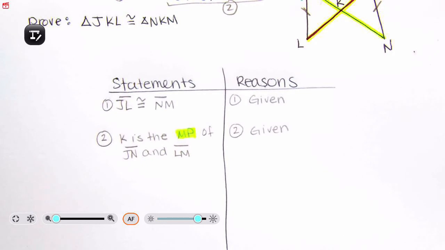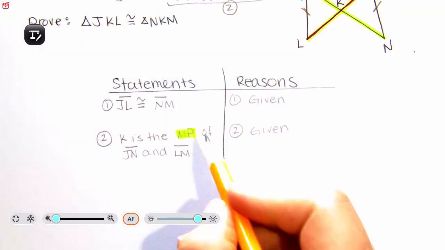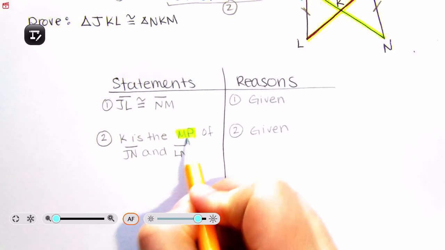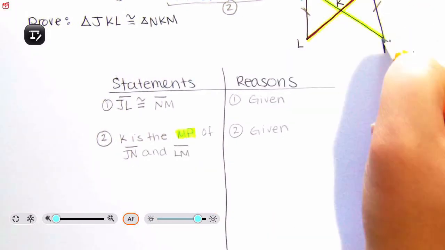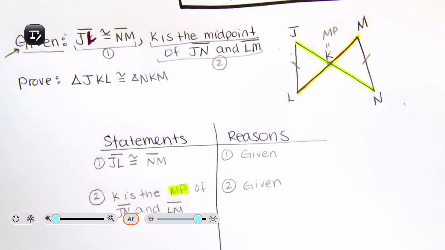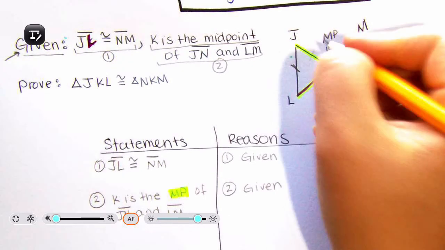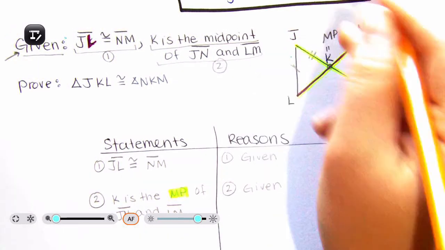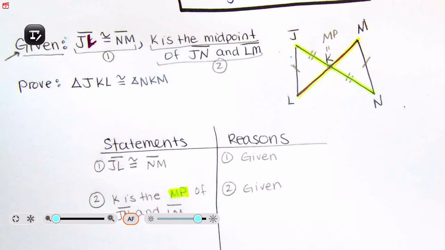What midpoint means is that you're technically taking whatever segment you have and cutting that segment in half, equally in half. So when you have two little pieces that are equal, those two little pieces are congruent. So if you have the midpoint of JN, here's J, here's N, and this is the middle, we cut the yellow one in half, that means that JK, this little piece and this little piece, are equal in measure.